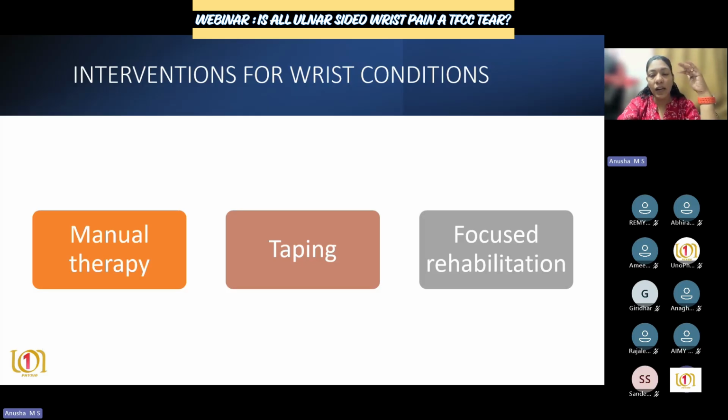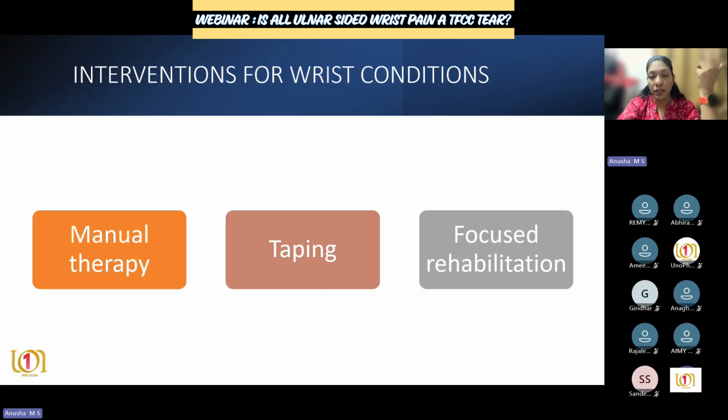Later, once I start loading the joint in different positions, I remove the taping and implement more focused rehab exercises. In the acute phase, obviously, to reduce the pain, I do manual therapy as well. So these 3 interventions are what I focus on in wrist cases.